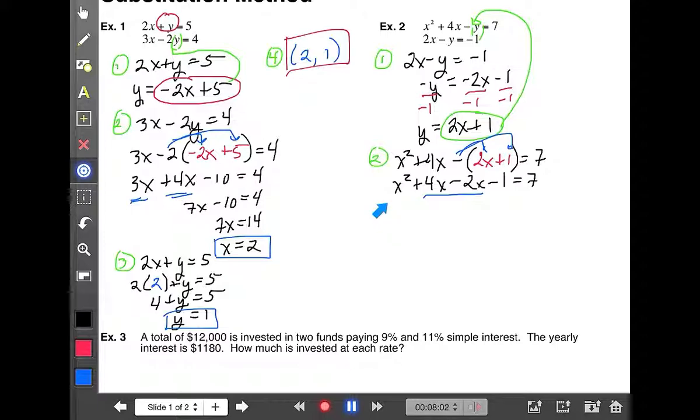How am I going to solve for x? I'm going to have to factor, right? So if I'm going to factor, then one side has to be 0. So in addition to collecting these like terms, I am also going to subtract 7 from both sides. And so I end up with x squared, the 4x and the minus 2x gives me a positive 2x, and then minus 8 equals 0.